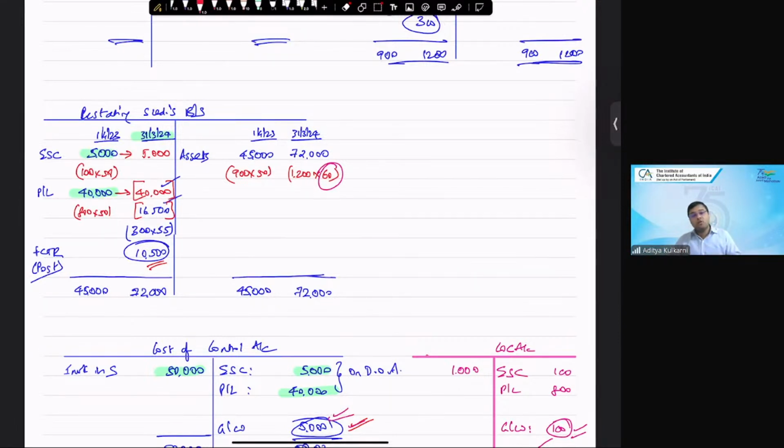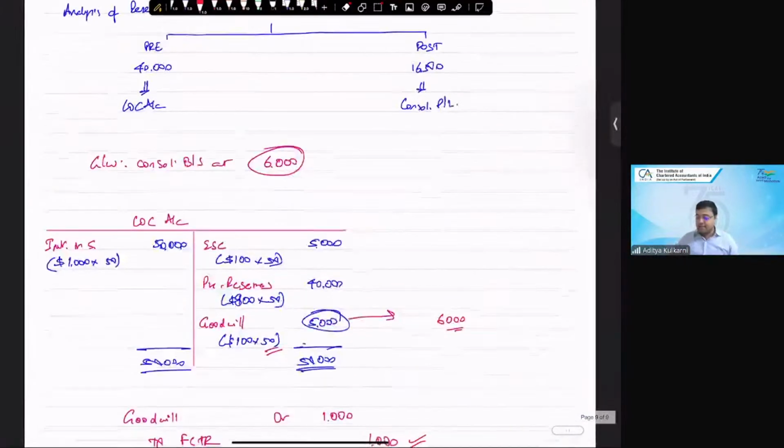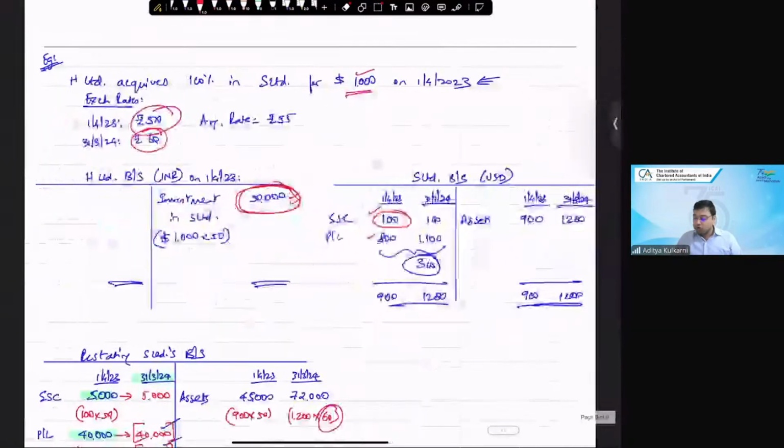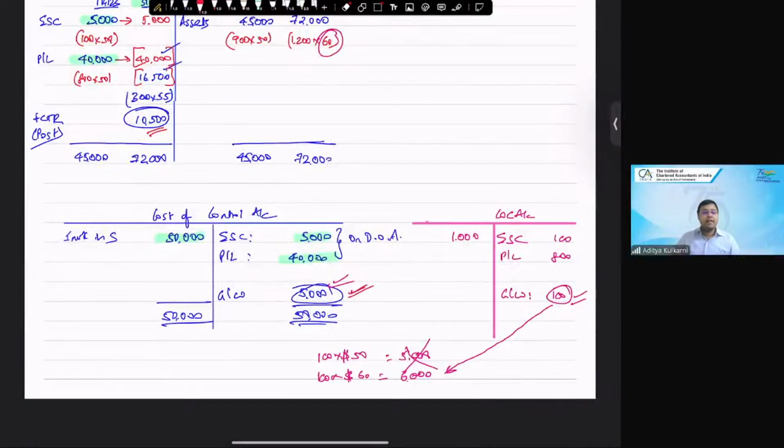Your goodwill is going to come only at the time of consolidation, and this restatement is happening only for the purposes of consolidation. So your FCTR is going to be 16,500 plus a further 1,000 rupees. Are we able to understand this? All right. So that is adequate for us.